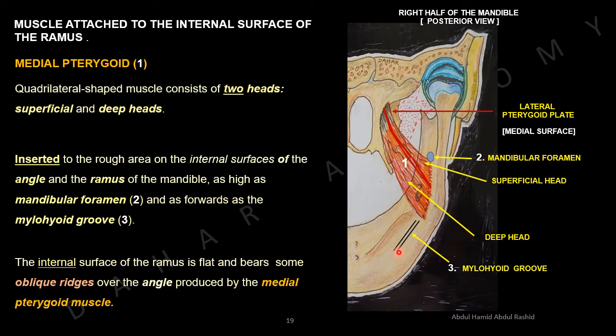The internal surface of the ramus is flat and bears some oblique ridges over the angle produced by the medial pterygoid muscle.